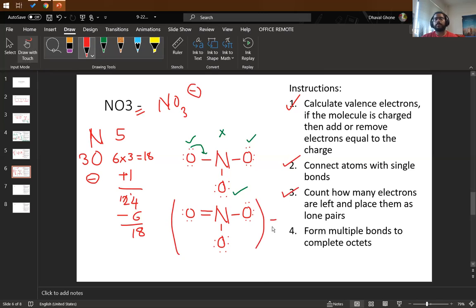Okay. There are 2 more ways to do this. We made this oxygen share electrons. We could also make this oxygen share electrons. And in that event, we would have a bond over here, which is a resonance structure for NO3 minus. Or we can make this one share electrons.